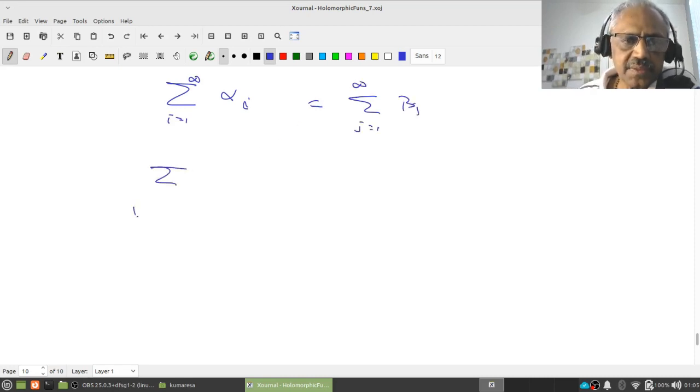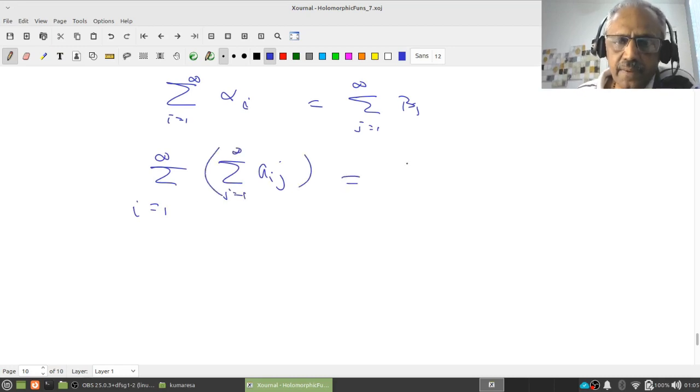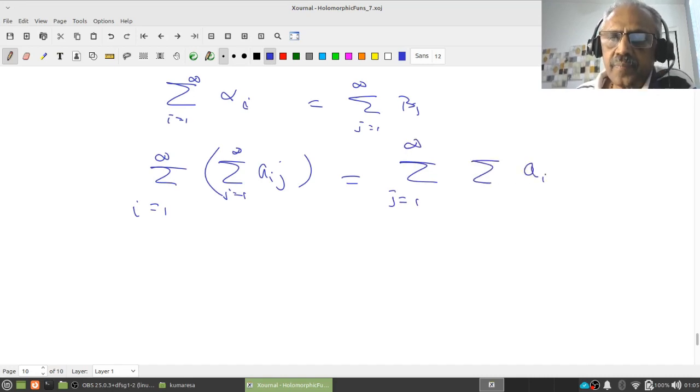Expand this. What is i equal to 1 to infinity? Alpha i is, j equal to 1 to infinity, the summation j equal to 1 to infinity of beta j. That means ij. Now I am running from i equal to 1 to infinity. Are they equal?